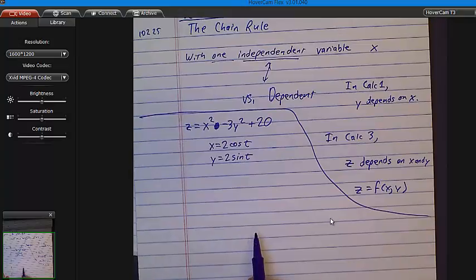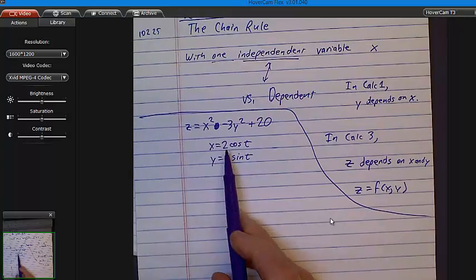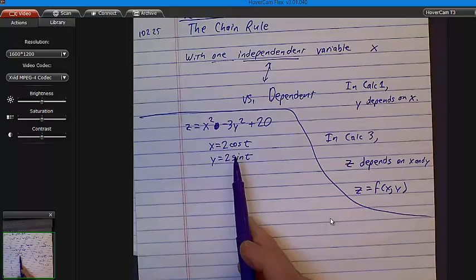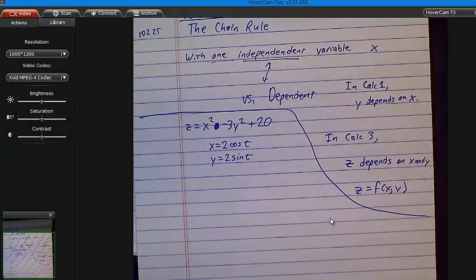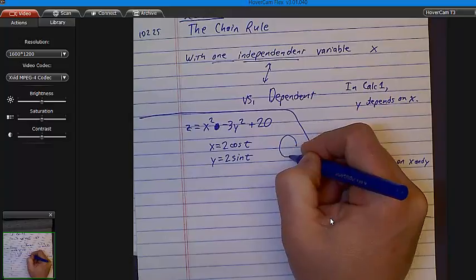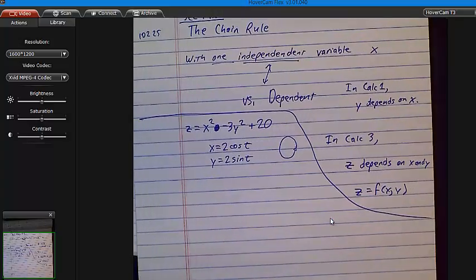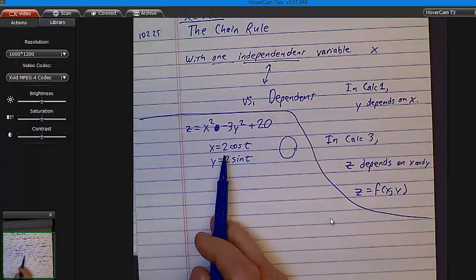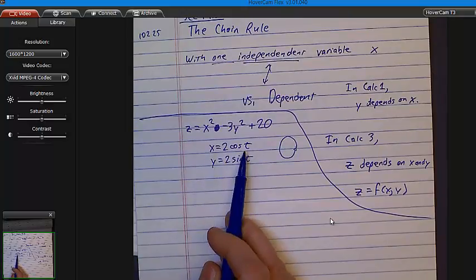Because what we have here, guys, is a set of parametric equations, right? X depends on t and y depends on t. You can graph that, right? What's that look like? That's a circle, right? So as time goes by, we're moving around a circle of radius, what? 2. If it was a unit circle, it would just be x's cosine and y's sine.